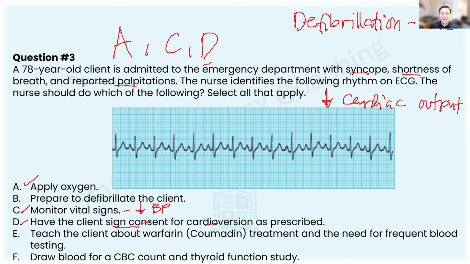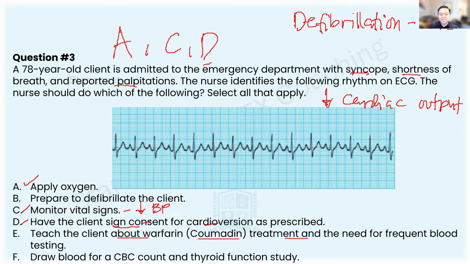Now, if you answered letter E, teach the client about warfarin, Coumadin treatment, and the need for frequent blood testing. I know this is very important for this patient that has a diagnosis of atrial fibrillation, but at this point, when the patient has this acute episode, we want to make sure that we are dealing with this problem right now. The Coumadin will not work instantaneously, okay?